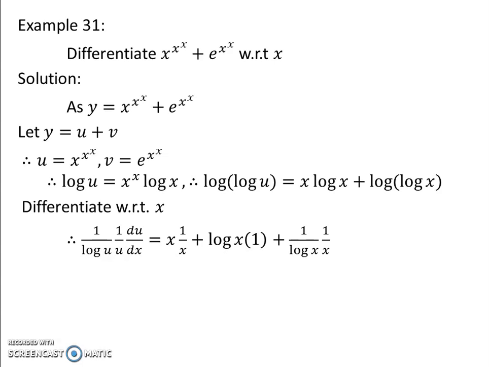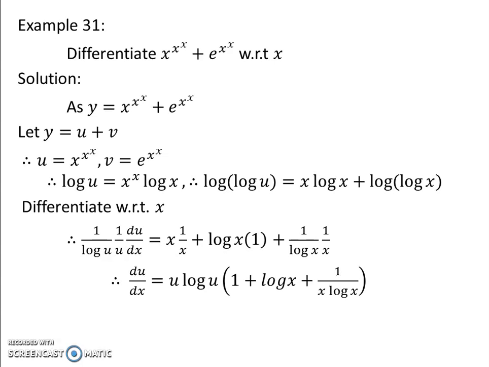So the derivative of log of something is 1 upon log u into the derivative of log u, which is 1 by u du by dx. Hence the left hand side derivative is 1 upon log u into 1 upon u into du by dx, equal to, in the first term using the uv rule, x into 1 by x plus log x into 1, plus the derivative of log of log x, which is 1 upon log x into the derivative of log x, which is 1 by x.